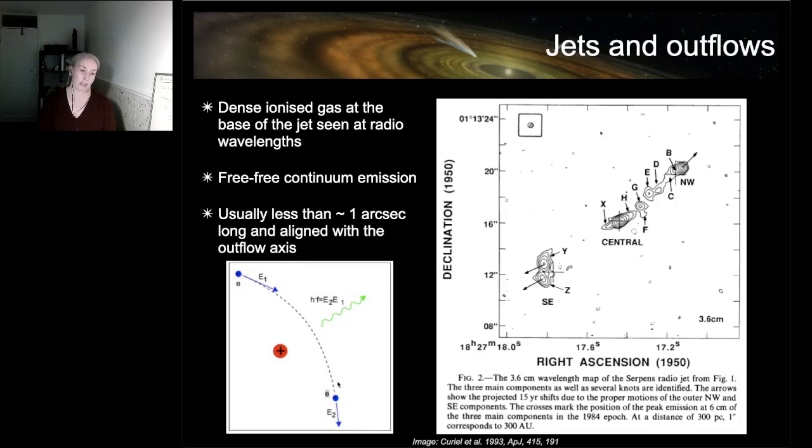That's a change in energy, and that change in energy creates the emission of a photon at quite low energy. So this is why it's at quite long wavelengths. And these jets are usually less than about an arc-second long, and they're aligned with the outflow axis as well. But again, a really powerful way to actually see evidence of forming stars, especially in very obscured, very dense star-forming regions.